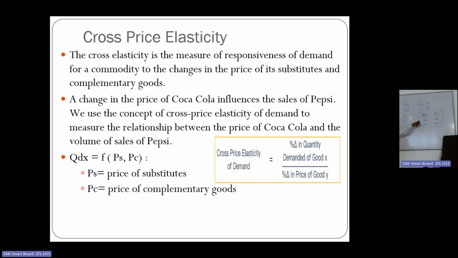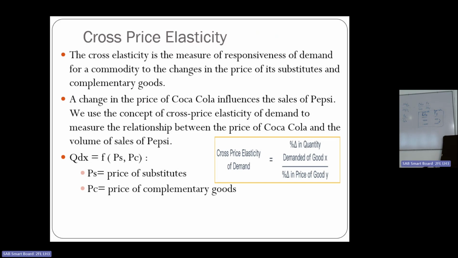We assume the price increases. The change in quantity demanded for Coca-Cola: when the Pepsi Cola price increases from 100 to 125, Coca-Cola demand also increases, from 1000 to 1200.